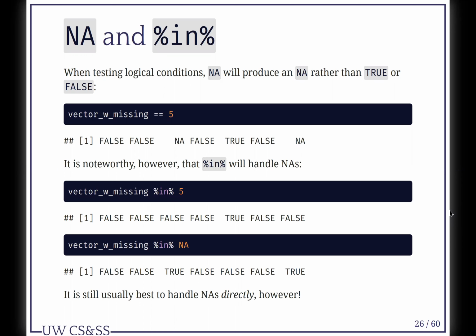So you could, for instance, say vector with missing %in% 5, and it will just say it's false for the NAs that we had, or %in% NA, and it will say true for the NAs that we had. I don't recommend doing this.